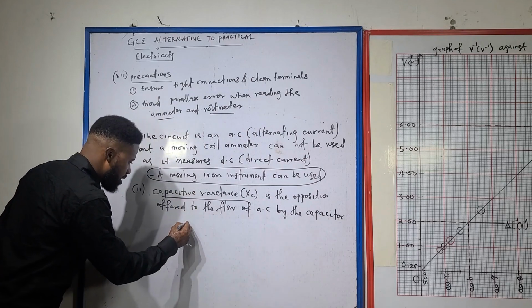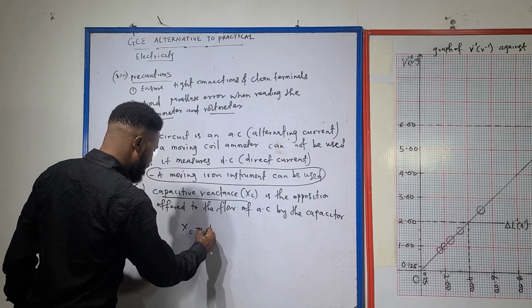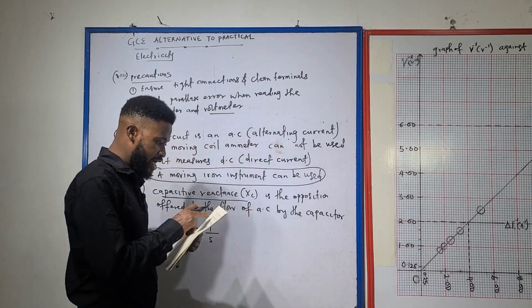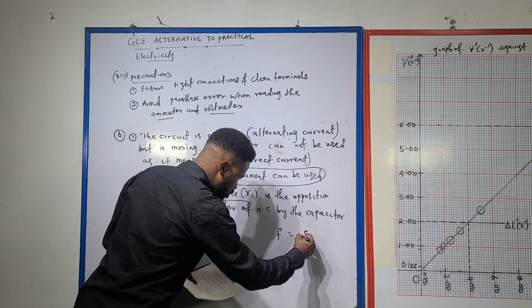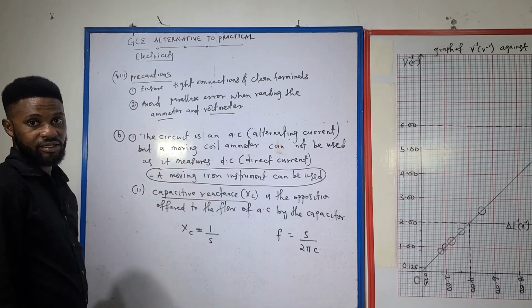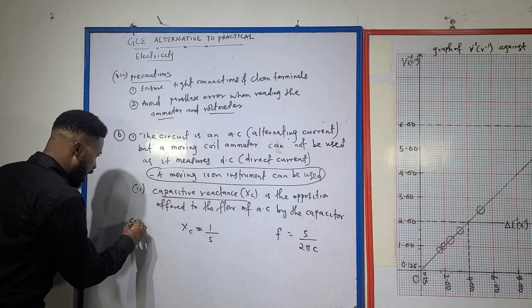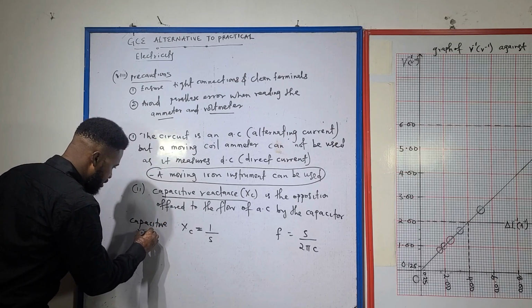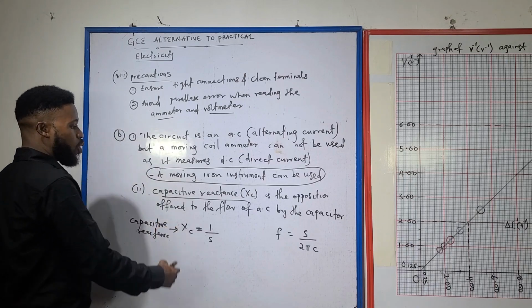In this case, my capacitive reactance, if you look at it very well, is the inverse of my slope. Take note that on question 7, we were given an expression: frequency f equals the slope divided by 2 pi c, the capacitance. So to write an expression for the capacitive reactance, that is 1 over the slope.